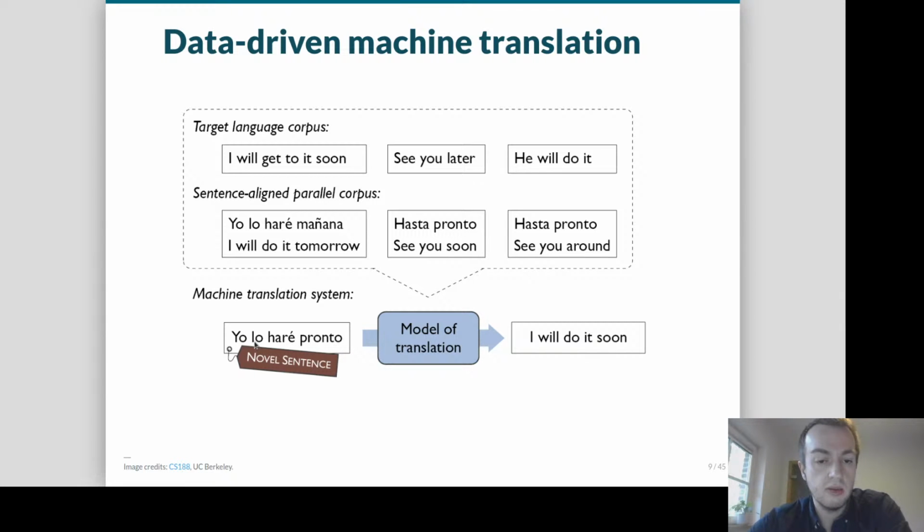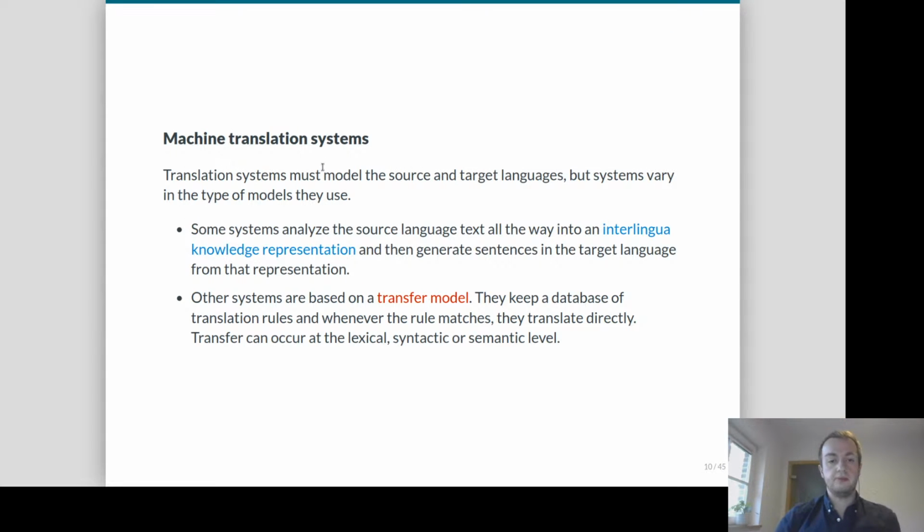When you combine these four words together, the proper translation should be "I will do it soon", right? Which is "I will do it", "lo haré", and then "soon", which corresponds to "pronto". Okay? And this is the kind of thing we would like to do automatically from a corpus of data which may not be exhaustive, right? So there are different ways to achieve that.